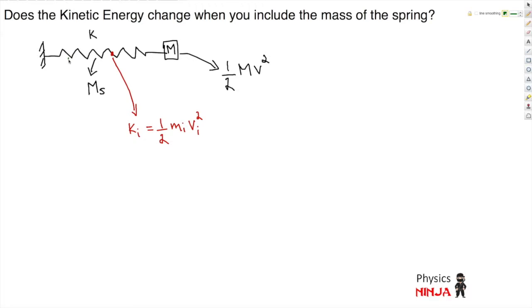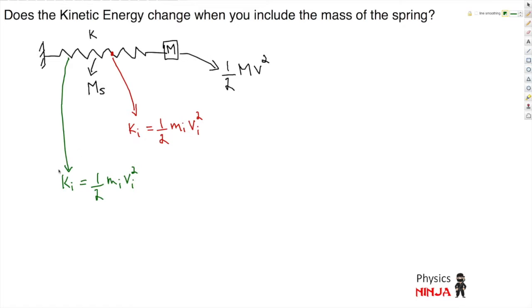This little piece of spring is also going to move, and it might not move at the same velocity as this end over here, but this one will also have a contribution to kinetic energy. And its contribution, again, it's a mass that moves, therefore its contribution will be its mass times its velocity squared, with 1/2 in front of that. So now what we're going to do is we have to include all of the contributions. We have to consider every single mass in the spring and how each one of them moves.